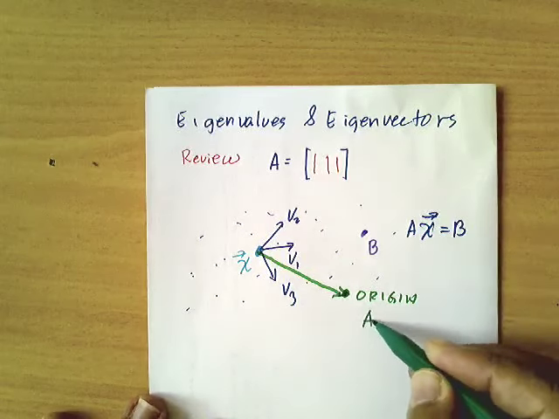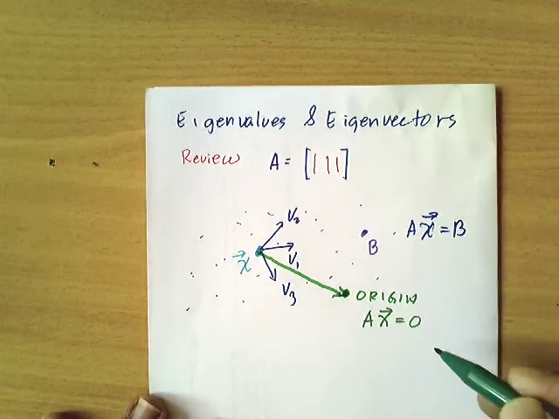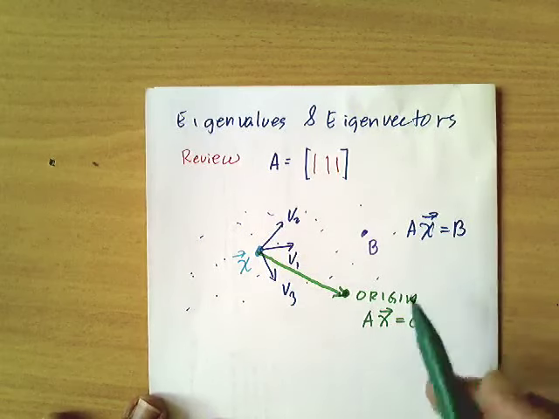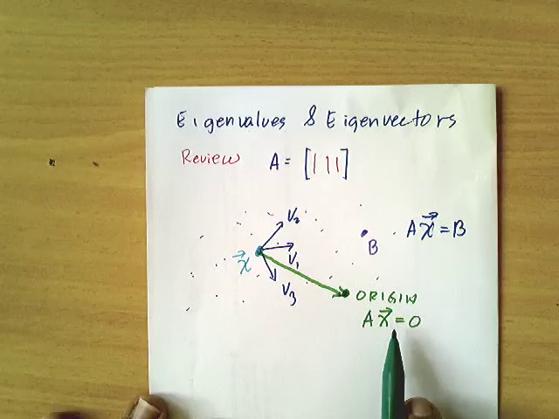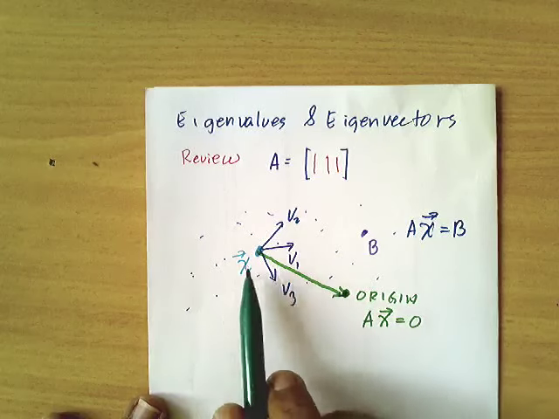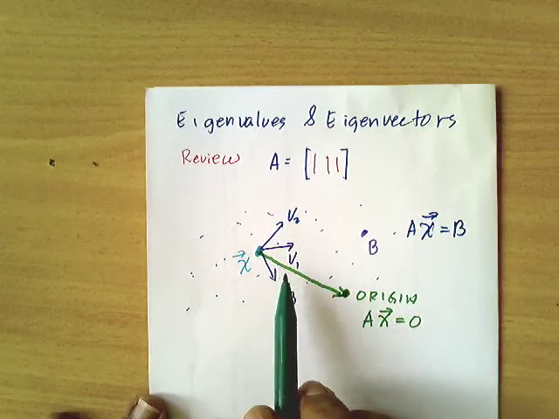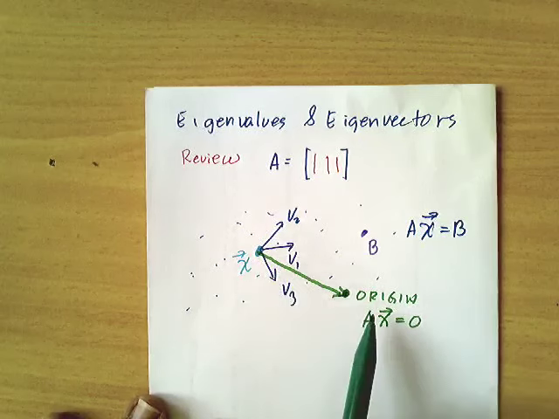That scenario happens if you have Ax = 0, meaning A transforms x to the origin, to the null space. Or what is the set of all x that can be transformed by v1, v2, v3 into the origin.